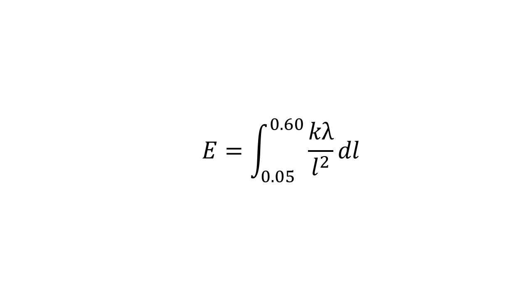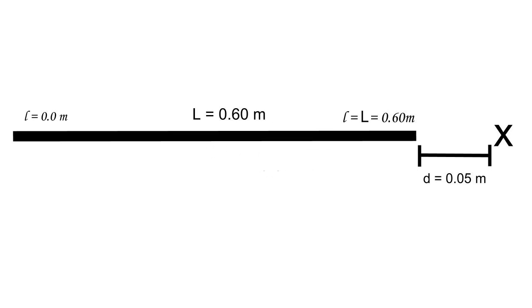Now you might be thinking, well, is this the only way that you can solve this question? And the answer is no. There's a lot of different ways you can go about solving this question depending on what you choose little l to be. For example, let's say you look at this problem and you decide, well, I want the left side to equal 0, so little l will equal 0, and I want the right side to be the length of the rod, or L, which is 0.6 meters.